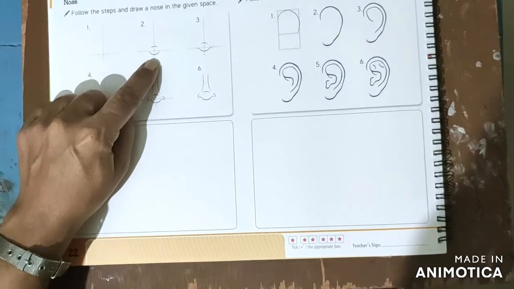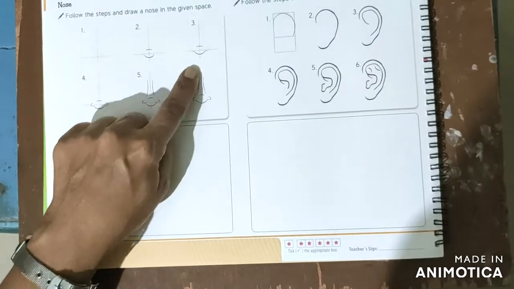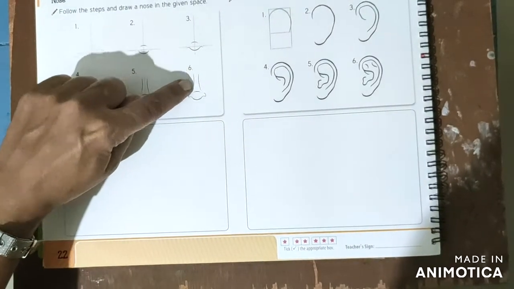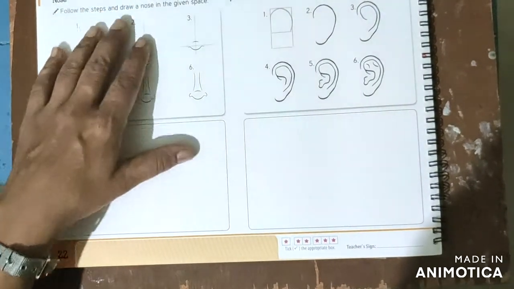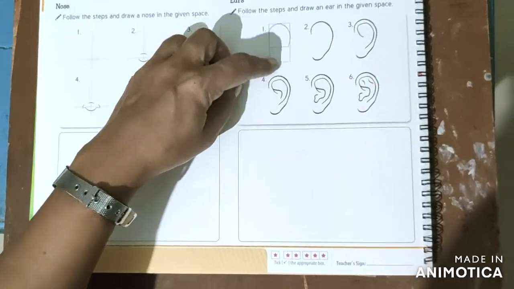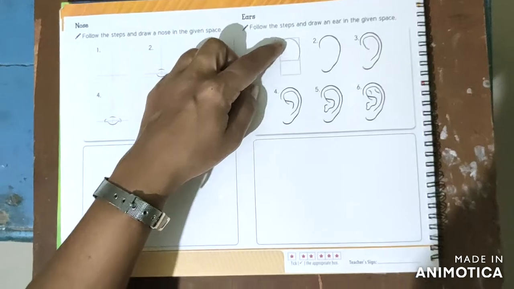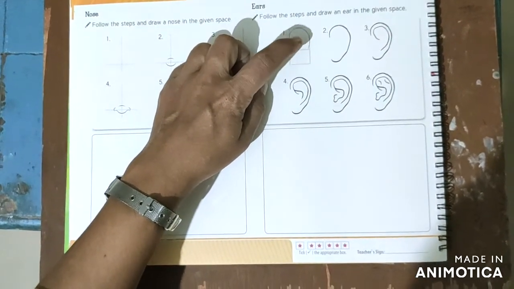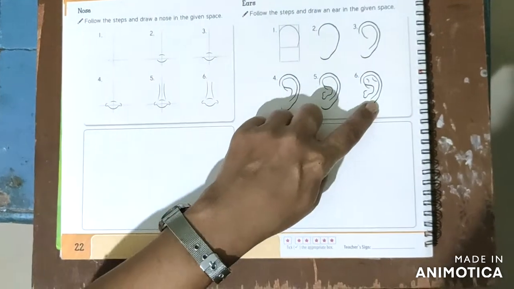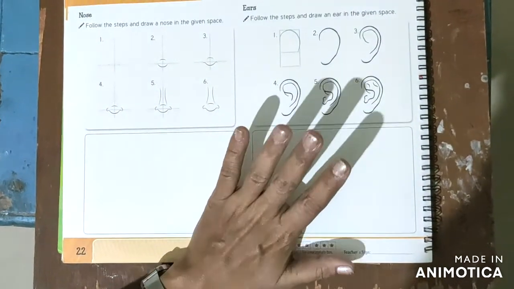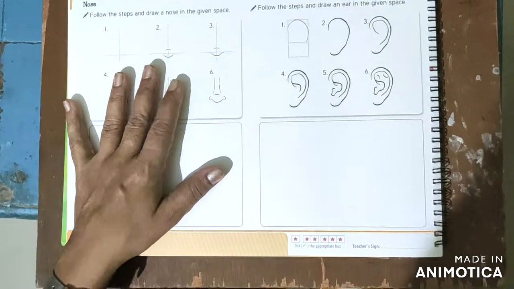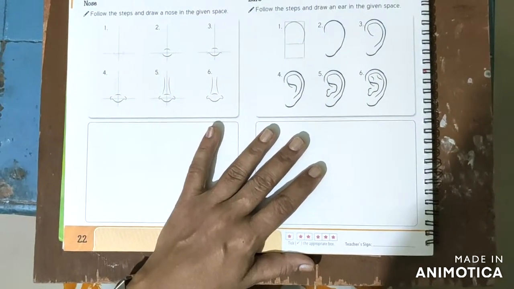Then one small arc and a big arc, upward and downward, and again vertically the two arcs are there. Very simple, so you can draw it, I know that. And here you have to draw a rectangular portion first, after that a big arc, and then continue this arc downward like this, and you will get the final figure here. So try to draw this on rough pages first and then apply it here if you don't have any confidence.